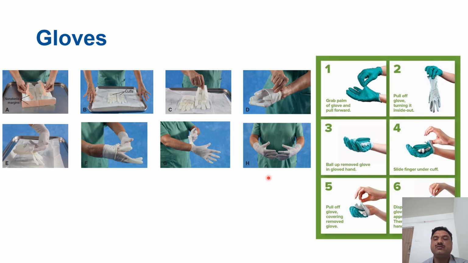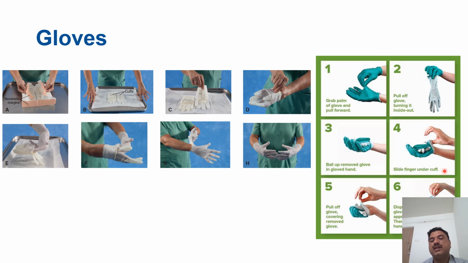While removing, one must remember that when both the gloves are on, one must hold the first glove with the help of the other hand and pull it forward. Then pull off the glove, turning it inside out. After that, the removed glove should be held in the gloved hand.